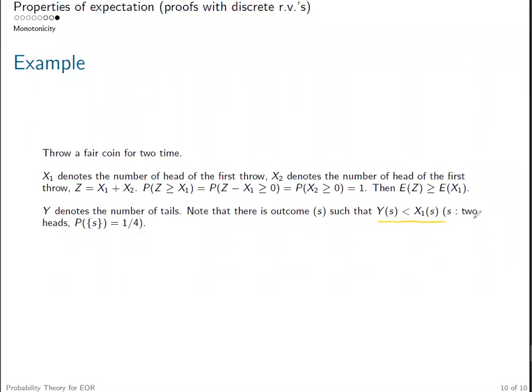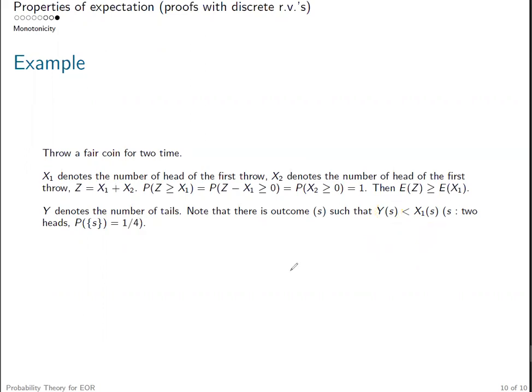The s could be the outcome that we have 2 heads out of the 2 throws. In such case, ys is equal to 0 and x1s is equal to 1. So here y is not larger or equal to x1 with probability 1.